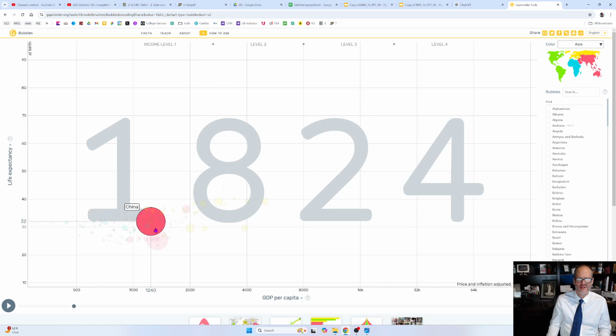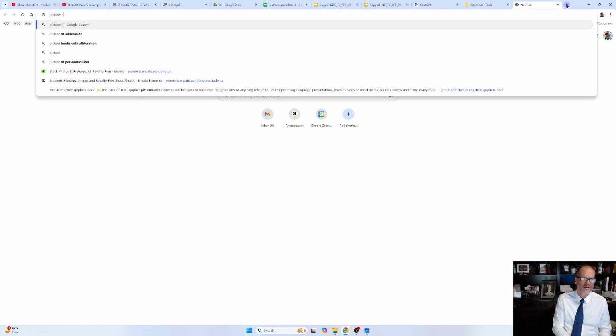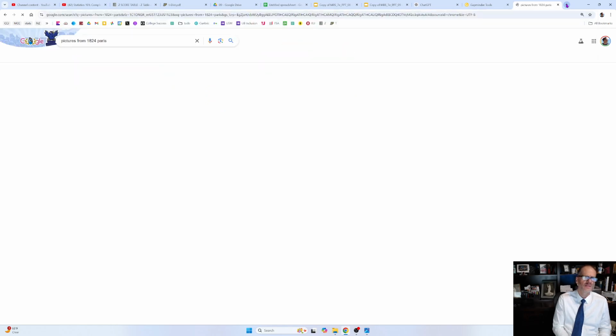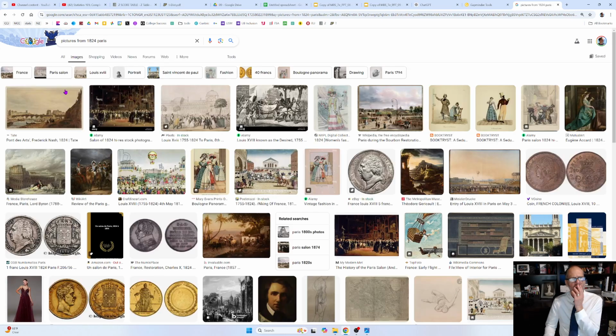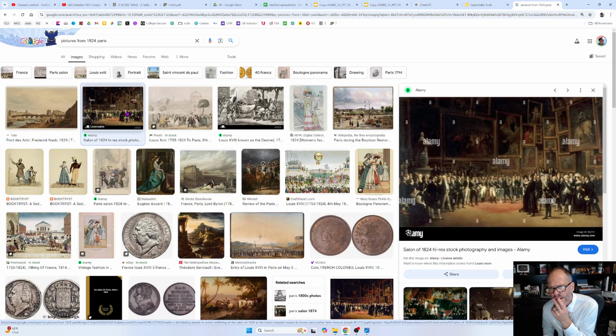What did the world look like in 1820? Pictures from 1824, Paris. Let's just do Paris. All right, so this is what the world looked like in 1824. There were no cars, right? And I don't think there was cement yet. There's no digital.